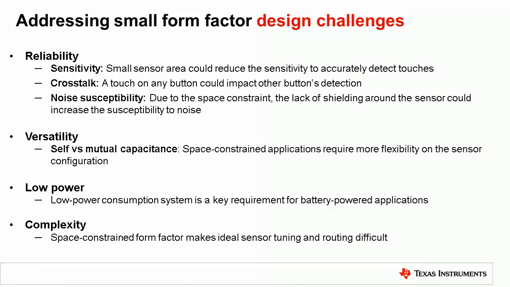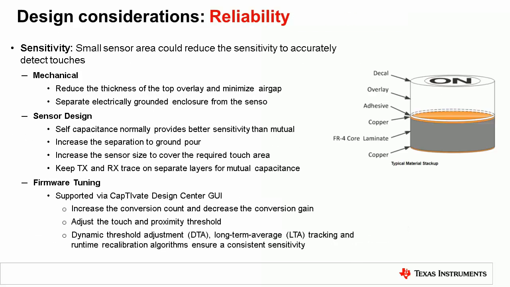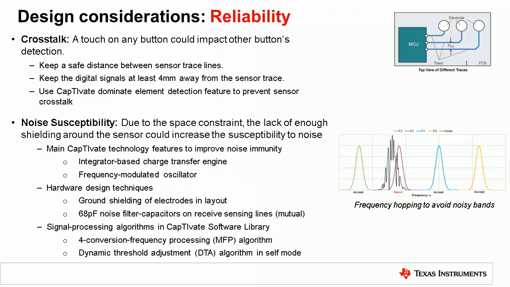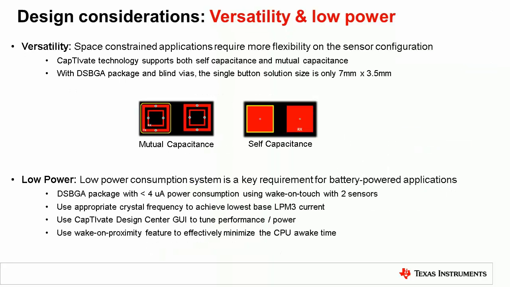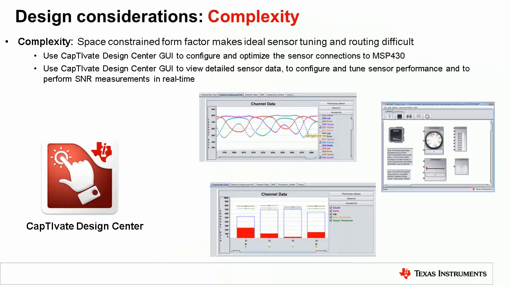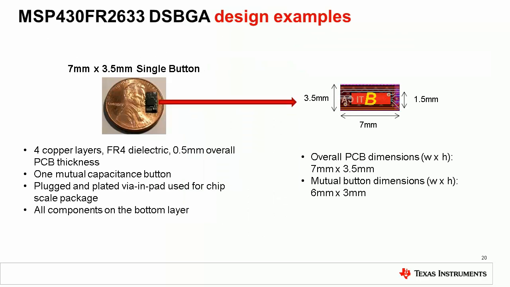Yeah, definitely. For those moisture type applications, Captivate is a great solution. Joe, did you say specifically for automotive type applications? Well, car wash controls were mentioned, yes. Okay, car wash controls. For the moisture applications, for sure.